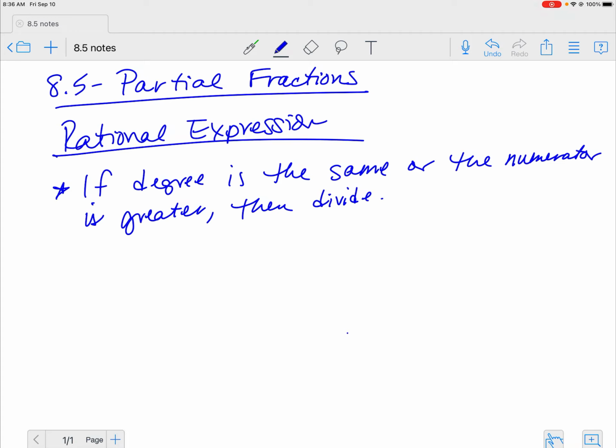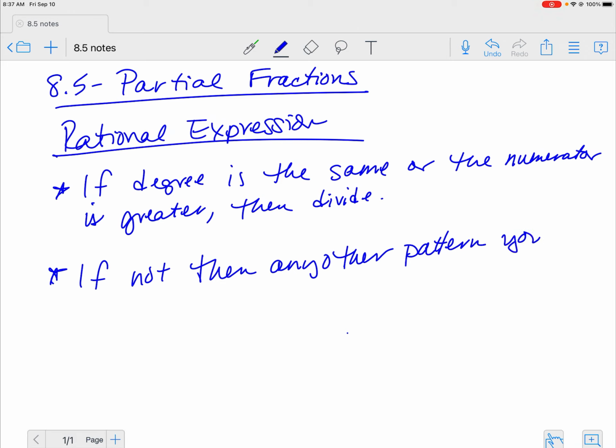If your degree is the same or the numerator is greater, then you divide. And there is no partial fractions with that. You just do your division. If not, then any other pattern, you use partial fractions.